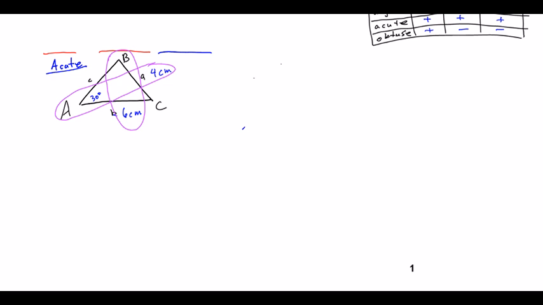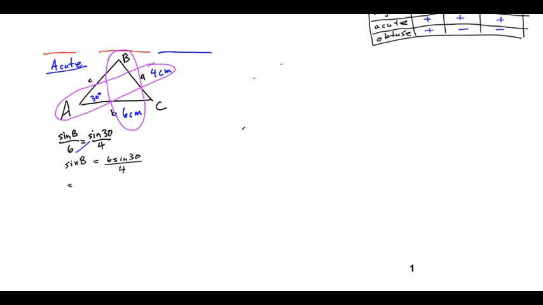So let's do our calculations using sine sausage. Now we're missing the angle, so we're always going to start with sine B over 6 equals sine 30 over 4. Solving for sine B, remember the trick we did in class? Link the two numbers that are not tied in with any letters, and then we get the following: 6 sine 30 over 4.